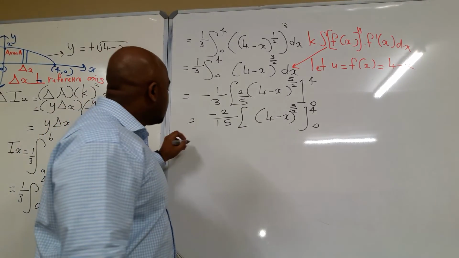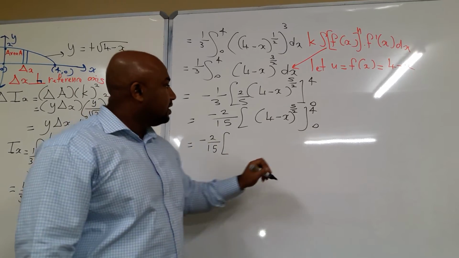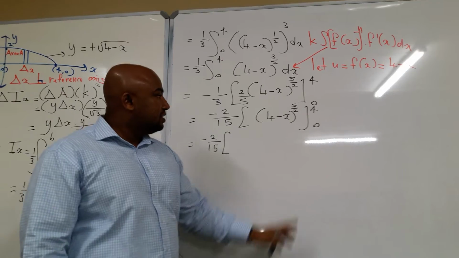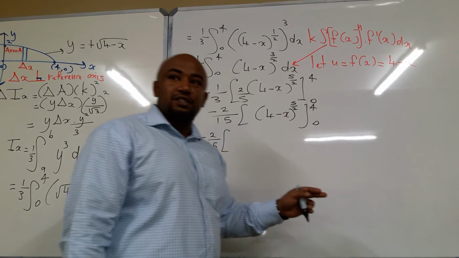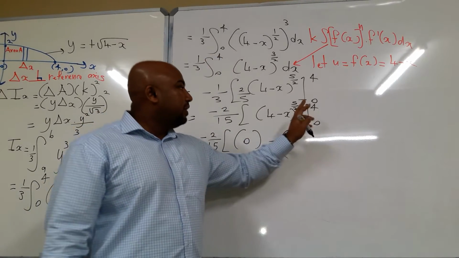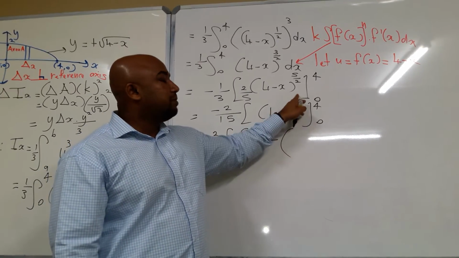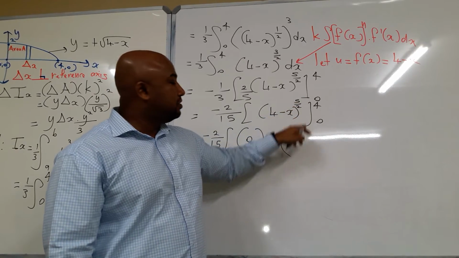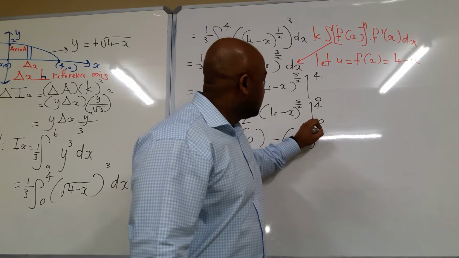Let's substitute. We got minus 2 over 15. If I substitute 4 there, we don't need a calculator for that. 4 minus 4 is 0. 0 to the power 5 over 2 is just 0. So that will be a 0 minus, when I substitute a 0 here, I'm going to get 4 to the power 5 over 2, which is actually 2 squared to the power 5 over 2, which will just be 2 to the power 5, which is 32.